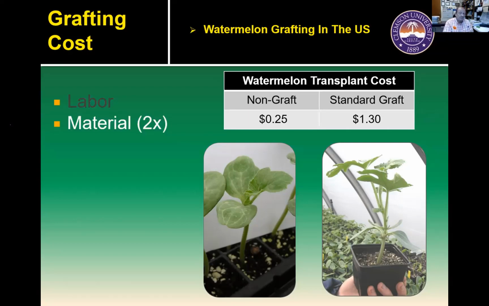Materials involved: you have twice as much material. You have to buy rootstock material as well as your scion material, or your top growth, whatever you want to call it, the tomatoes or peppers that you desire, or the watermelons or cantaloupes or cucumbers that you want. You're going to have to purchase the rootstock material in addition.